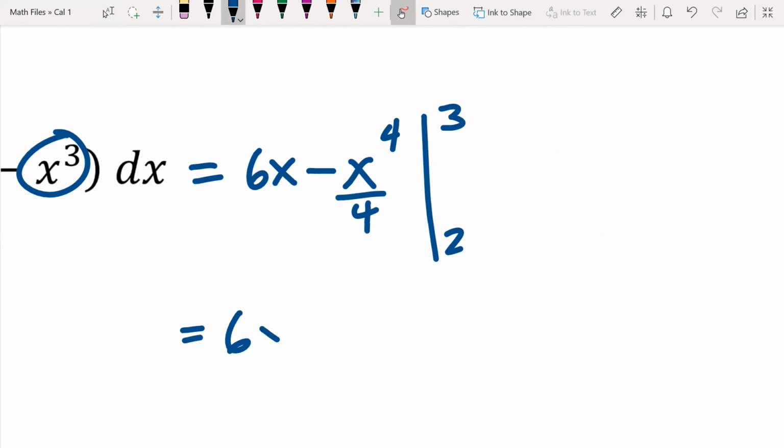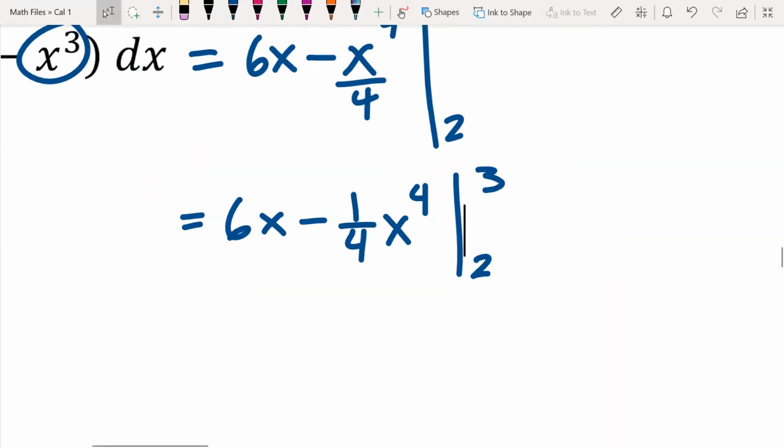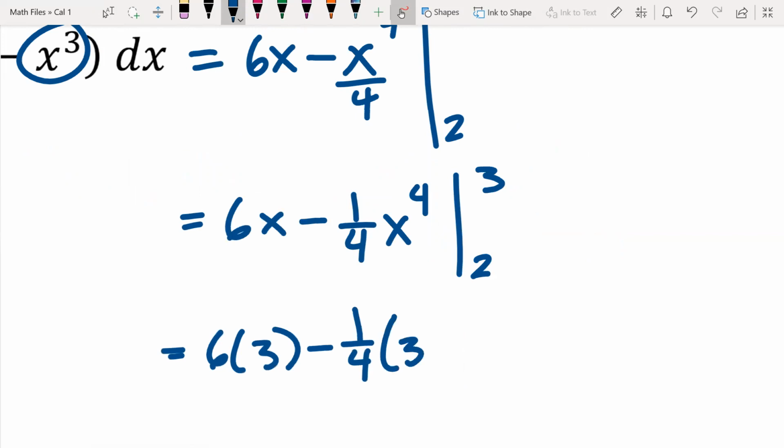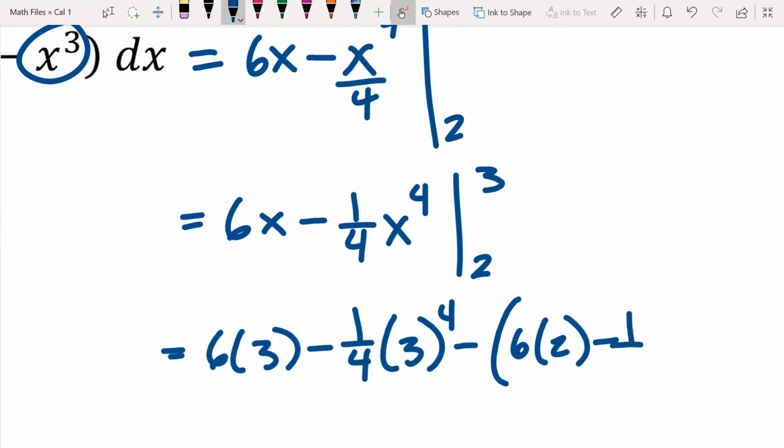Make it look pretty. 6x minus 1/4 x to the 4th from 2 to 3. And evaluate. 6 times 3 minus 1/4 times 3 to the 4th, minus 6 times 2 minus 1/4 times 2 to the 4th.